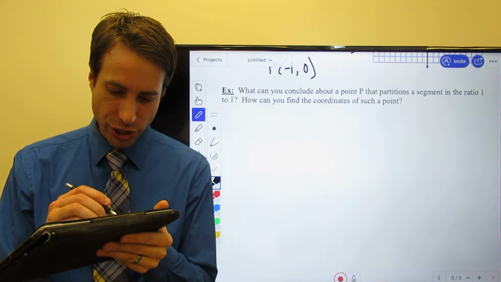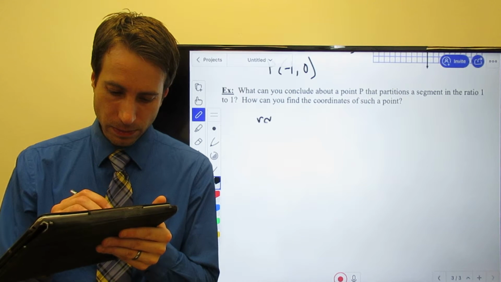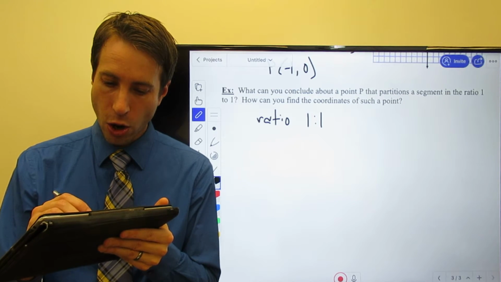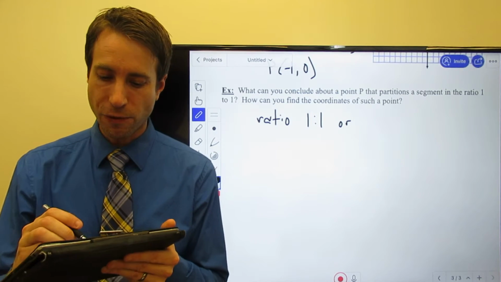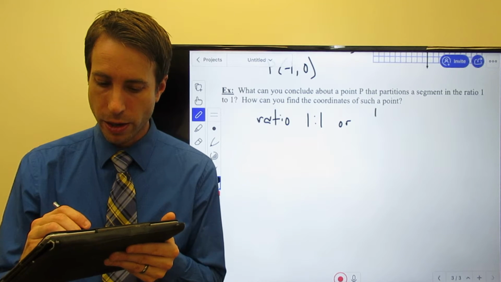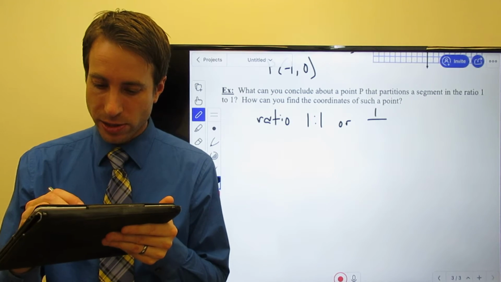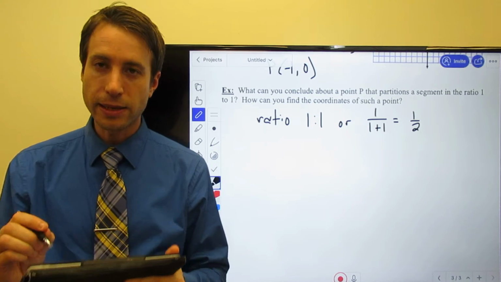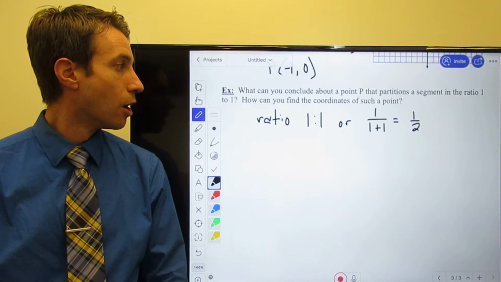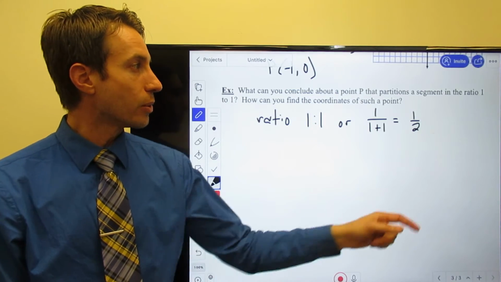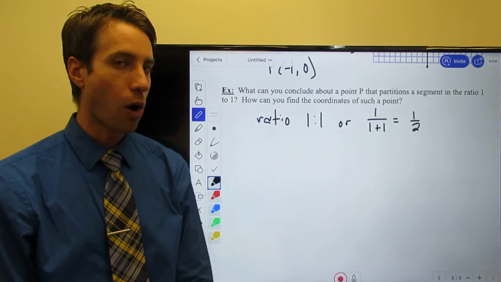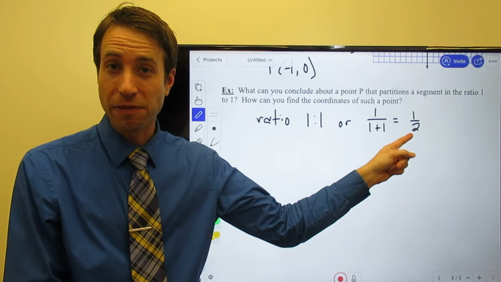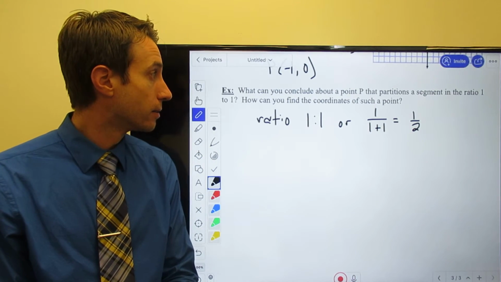So if my ratio was 1 to 1, remember we can write that as a fraction. The part I want, 1, over, add the parts together, 1 plus 1. Wait a second. So all they want me to do in a ratio of 1 to 1 is divide the line segment in half. Find the halfway point.